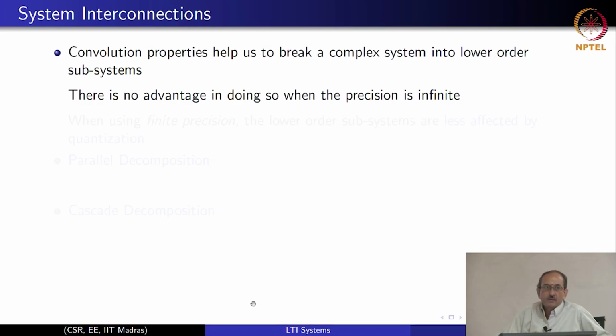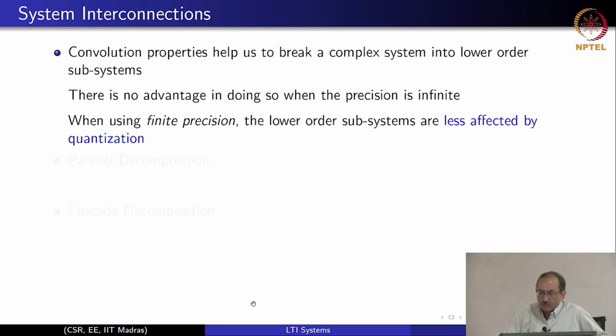When there is quantization error, then if you have a very high order system, if you want the quantized system's behavior to be not too different from the ideal infinite precision system, then you have to expend a large number of bits. Whereas if you break it down into smaller subsystems, the precision needed can be reduced, the number of bits needed can be reduced. So this is where this theoretical property is indeed very much used in practice, because lower order systems, it can be shown, are less affected by quantization.